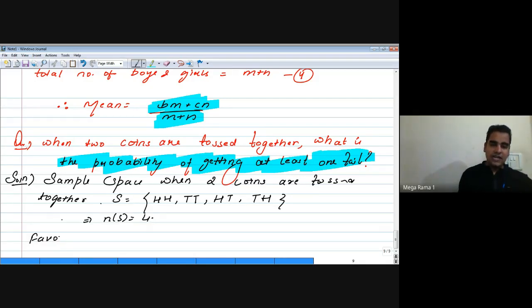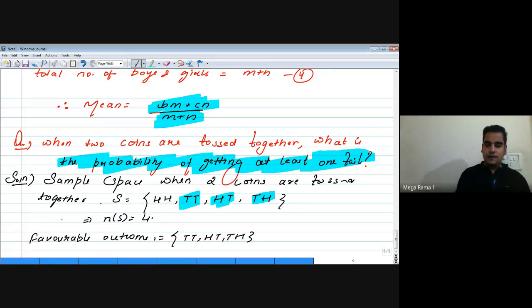What is the meaning of at least one tail? It means you should have these outcomes: HT, TH or TT, which means a tail should be there. So these are the favorable outcomes: TT, HT, or TH.